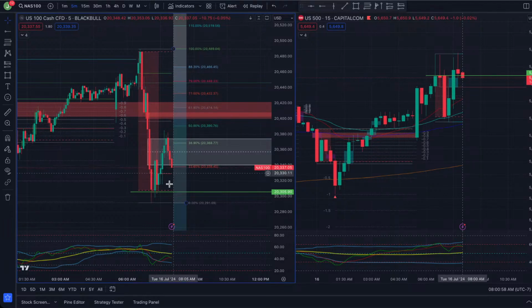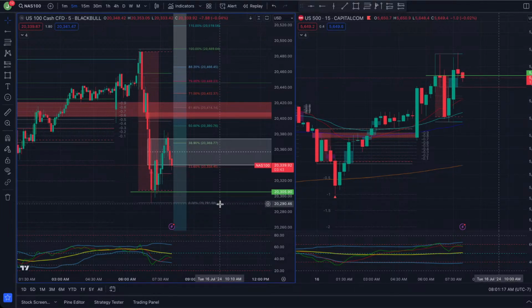Let's see if it takes out any of these lows. 3 minutes 20 seconds, 30 seconds before this candle closes.